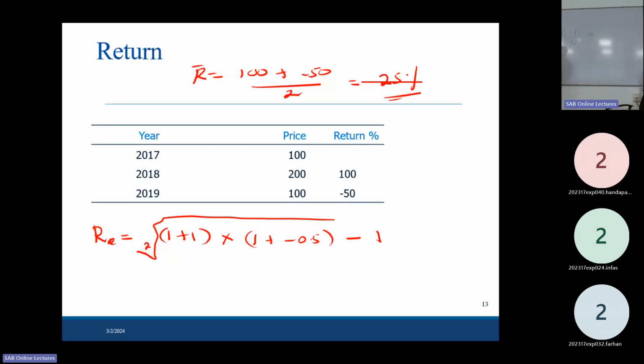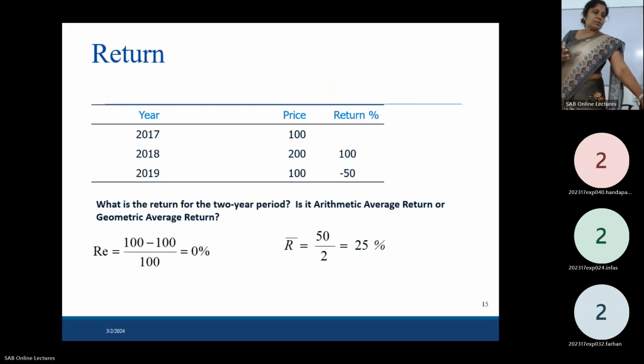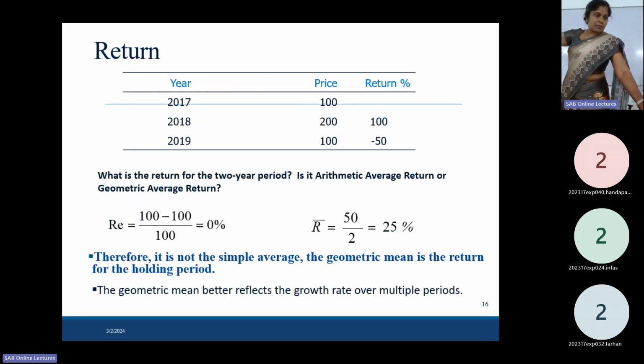So what is the conclusion? This is the arithmetic average return. This is the holding period return. So your holding period return is really 0. When you calculate the R bar, it was 25%. But when you calculate the geometric mean, it was 0.